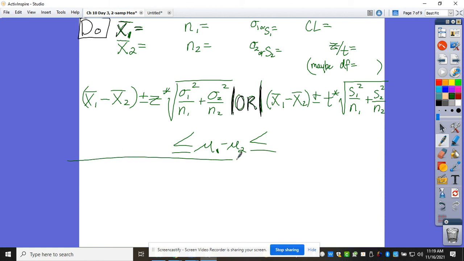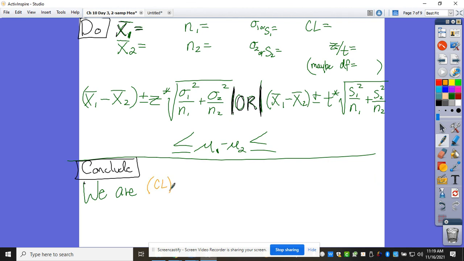And then, so my conclude is going to be what? So for an interval, it would be: we are level % confident that what?